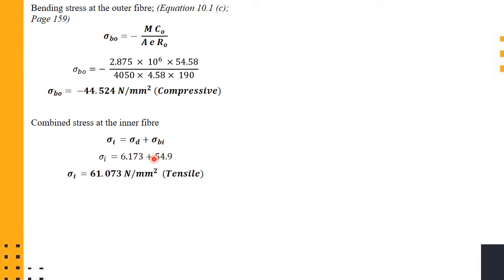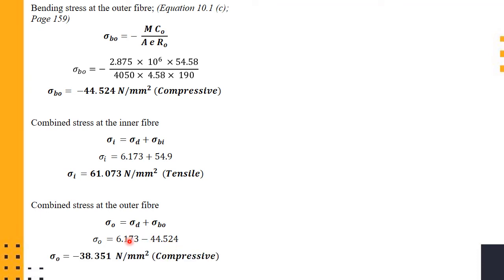If you add up, it will be around 61.073, which is tensile in nature because it is positive. The combined stress at the outer fiber will be sigma D plus sigma B naught, but sigma B naught is a negative value, that is minus 44.524. So the combined stress at the outer fiber will be negative, meaning it is a compressive stress acting at the outer fiber.